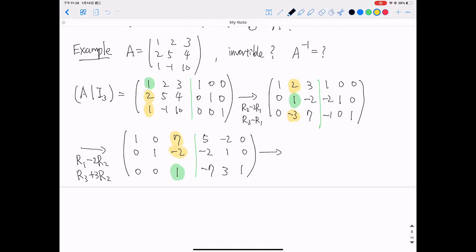That amounts to the following operations: R1 minus 7R3, R2 plus 2R3. Okay, that will keep R3, so it is still 0, 0, 1, minus 7, 3, 1, like that.